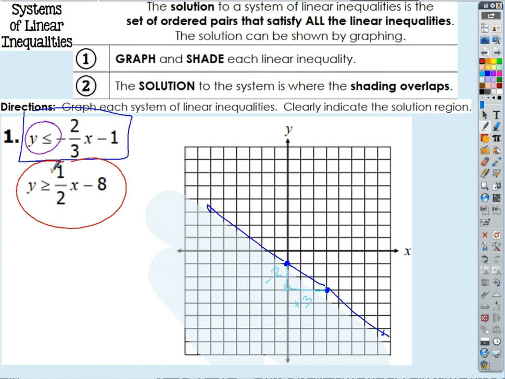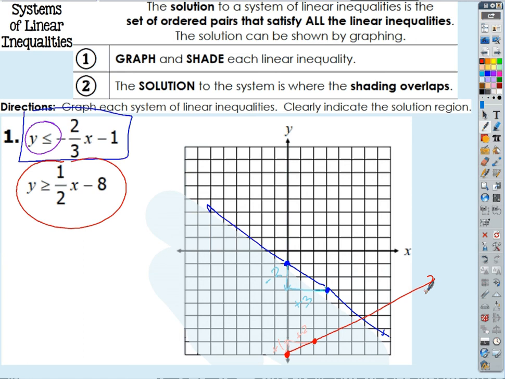So we go down to -8, so 1, 2, 3, 4, 5, 6, 7, so clear down there. My slope is, so we're going up 1, we're going over 2 to get another point. Solid or dashed? Solid. So there's my boundary line.